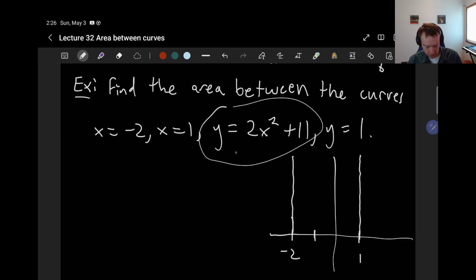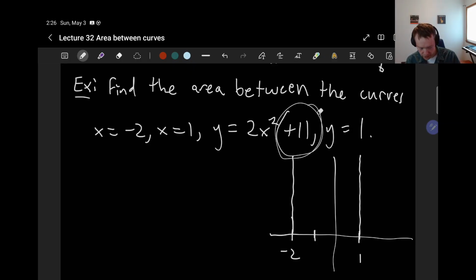And next, y equals 2x squared plus 11. That's a parabola shifted up 11 units, and that times 2 just means it's a steeper parabola. I won't get too precise here, but I might want to make that 11 a little lower for the sake of the picture.